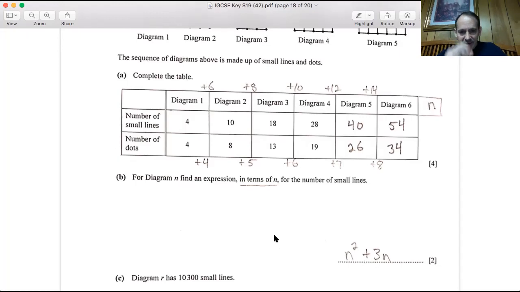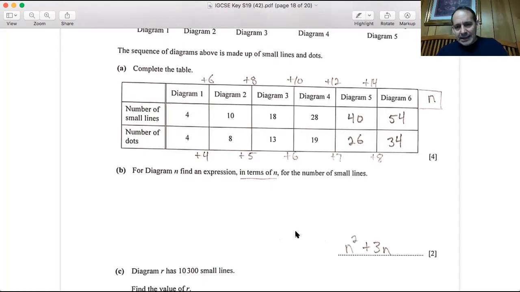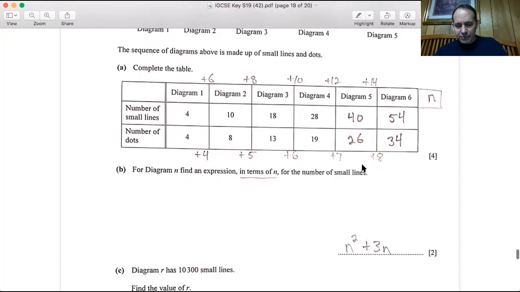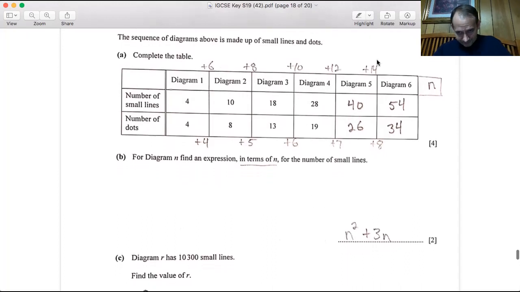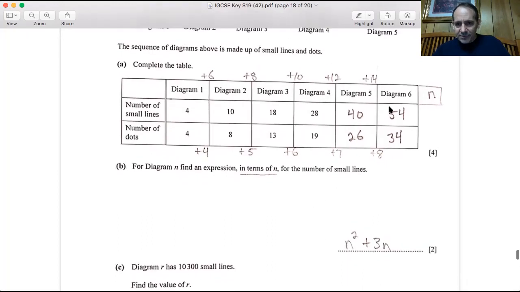Now, again, this is kind of identifying patterns. What I do, and this is not something that will work every single time, but it is one of the things that I look for, especially when I'm trying to compare two sets of numbers, the diagram with a set of values, I take one of the larger diagram numbers to represent my N. Don't take the smaller ones because it can throw you off track. You want to take a larger one.